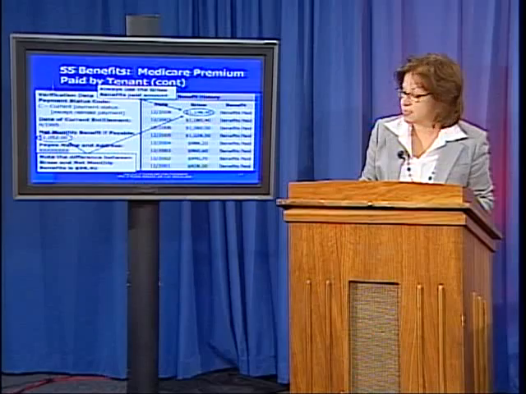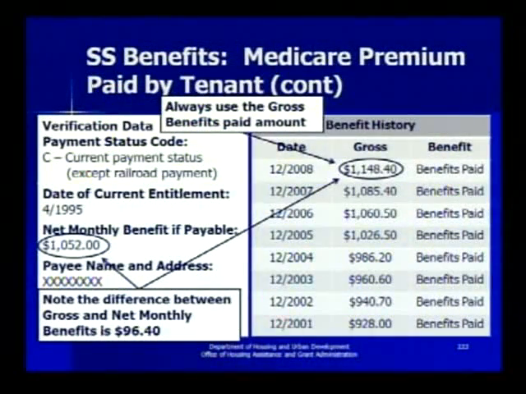You could tell that there's a difference there, and it's noted at the bottom the difference is the $96.40, which happens to be in this case the amount of the monthly Medicare premium. So this will show or reflect that the tenant is actually paying this amount so that you can take the $96.40, annualize that, and use that as the medical expense because they are not receiving it. It's being netted out of their monthly check.